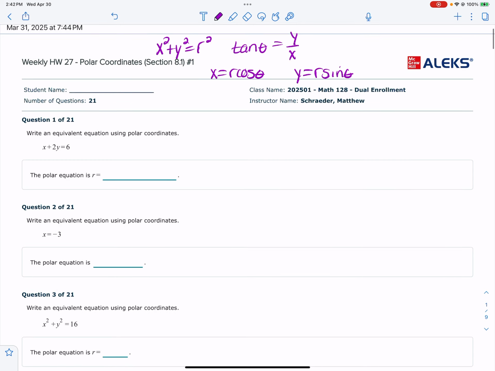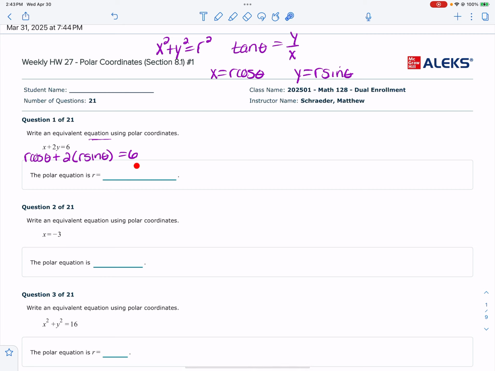So let's start with the first one. Write the equivalent equation using polar coordinates. We have an x, and we know that x equals r cosine theta, so we'll replace that. R cosine theta plus 2 times y, and y is r sine of theta, equals 6. In order for it to be a polar equation, it has to be solved for r.